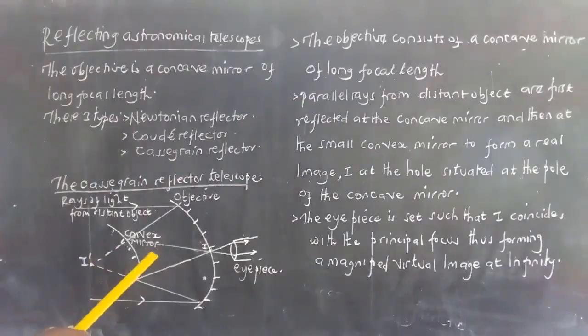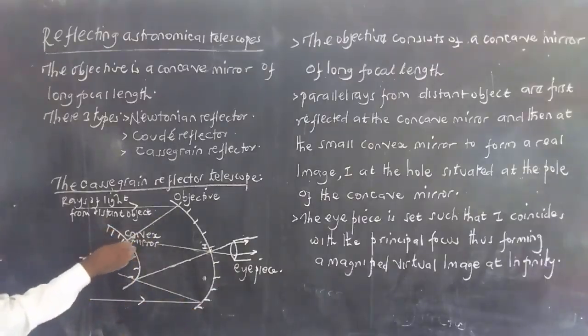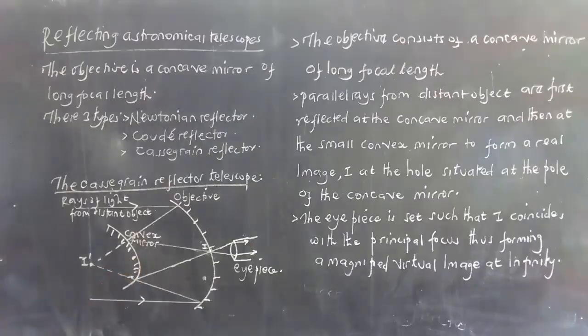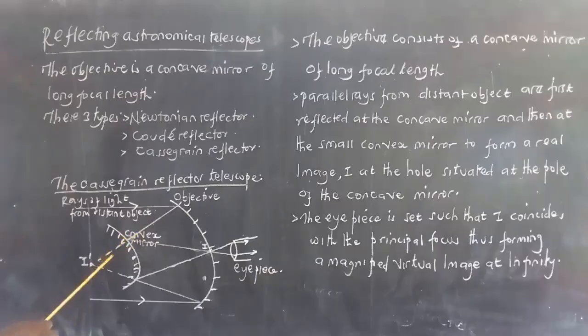It uses a parabolic concave mirror of long focal length, and then a convex mirror. The rays from the distant object are first reflected at the concave mirror and then at the convex mirror to form a real image I, which is situated at the pole of the concave mirror.